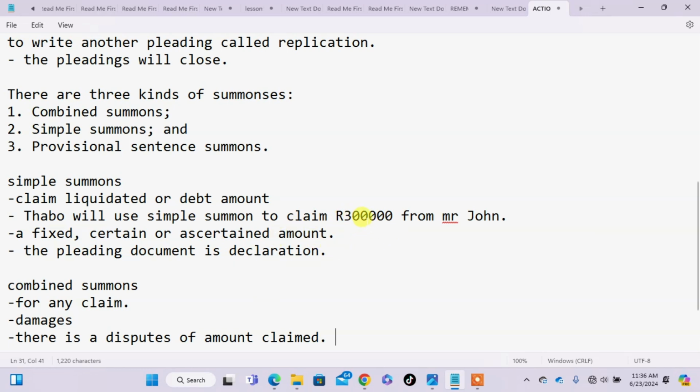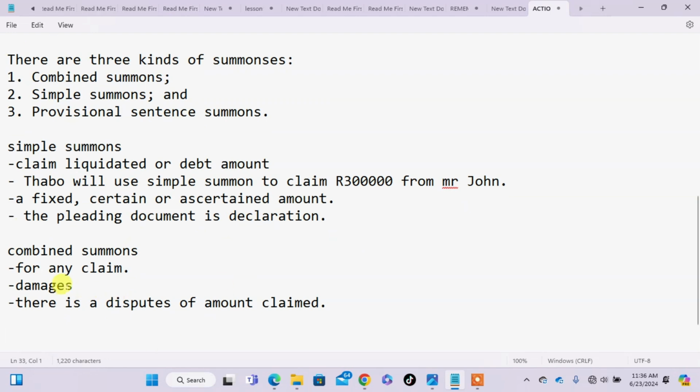You put some percentage because you couldn't pay, then they calculate, then it's fixed. Then there is no dispute of amount. The only thing you need to prove is whether the person was paying or not, or you come with proof that you paid, or they come with proof that you're not paying. That's all. There's no dispute about the amount claimed.